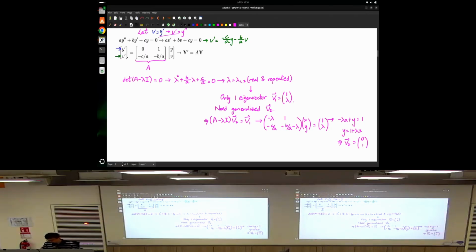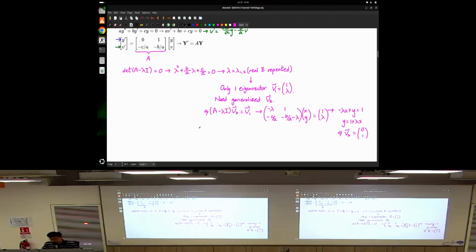Which means that I can write down the general solution for this matrix equation already. So from here, I'm going to have y of t.